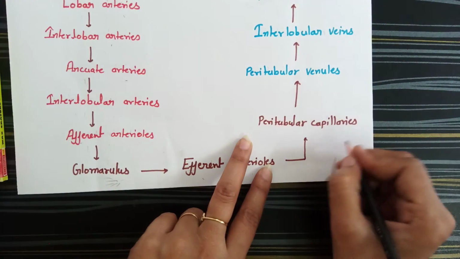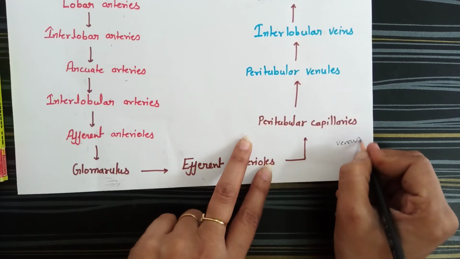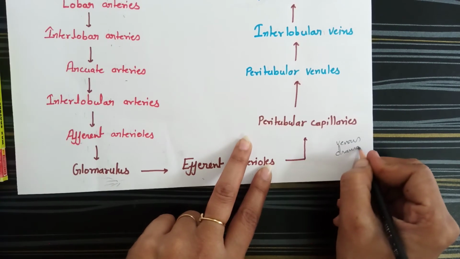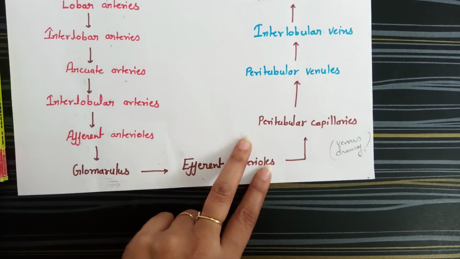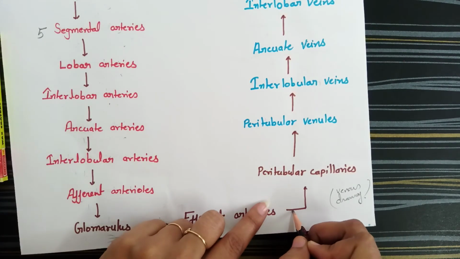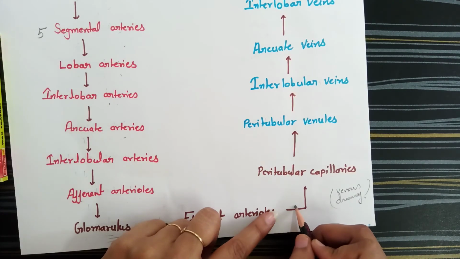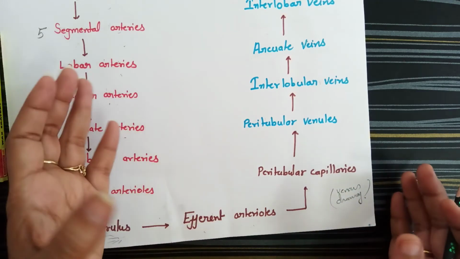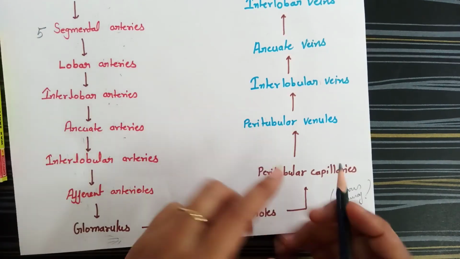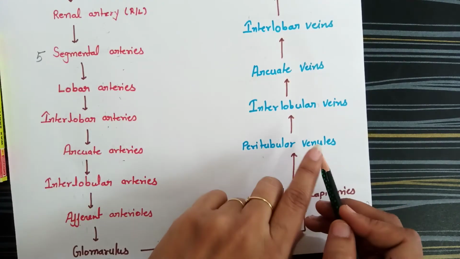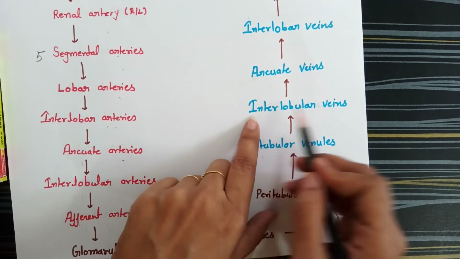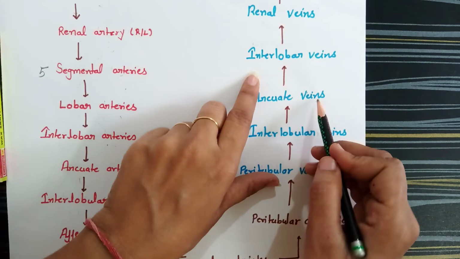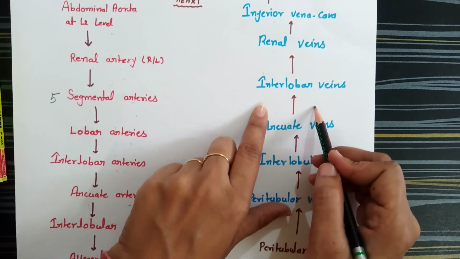This is all about the venous drainage. The venous drainage starts when peritubular capillaries combine and form peritubular venules, and then interlobular veins, arcuate vein, and then interlobar vein.